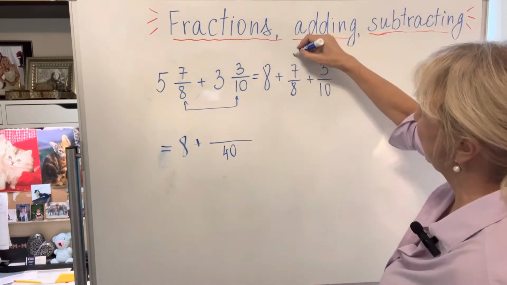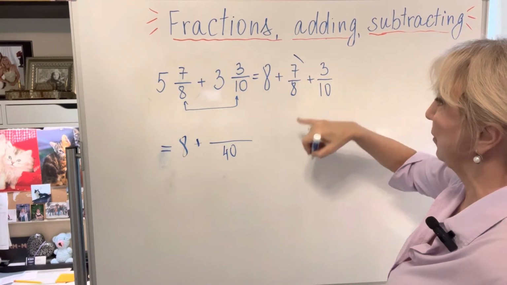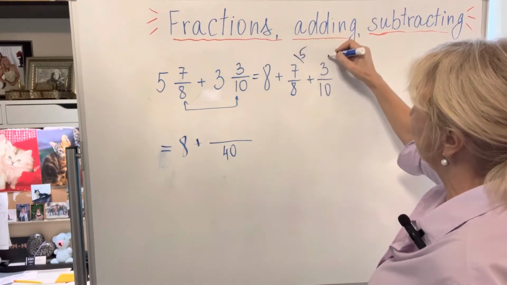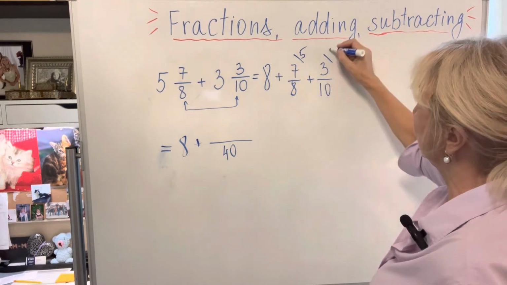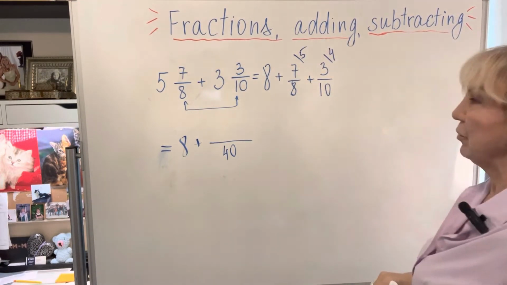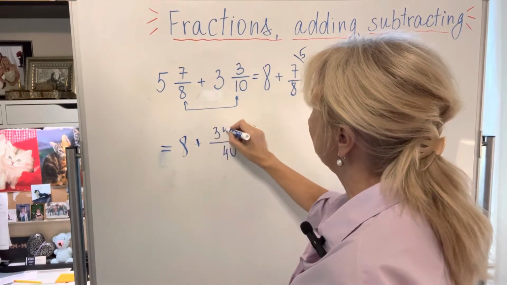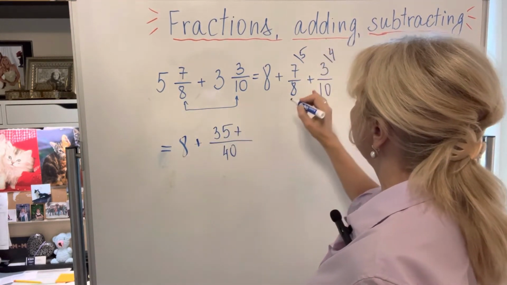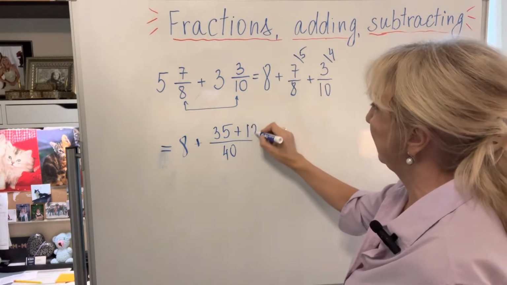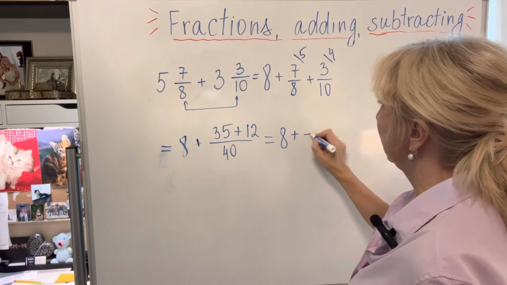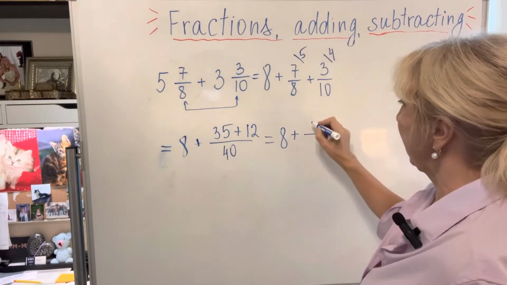For the first fraction, 7/8, we multiply by 5 to get 40 from 8. And the other fraction we multiply by 4. So 7 times 5 is 35, plus 12. The sum is 47 over 40, as you see.